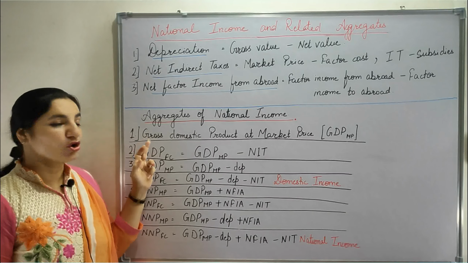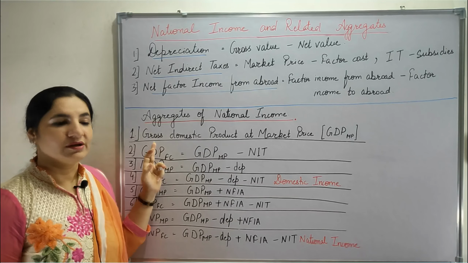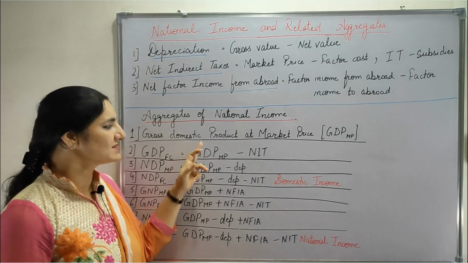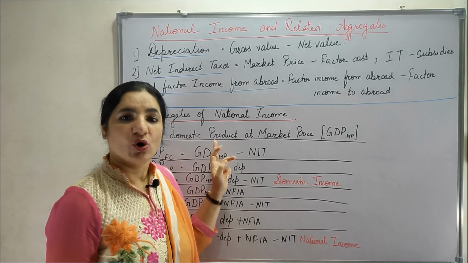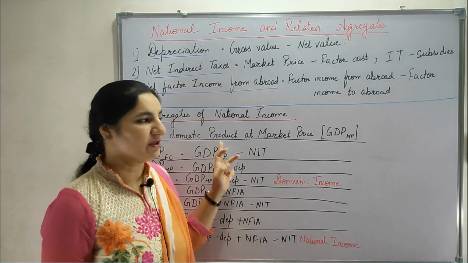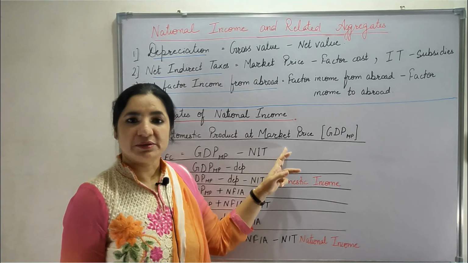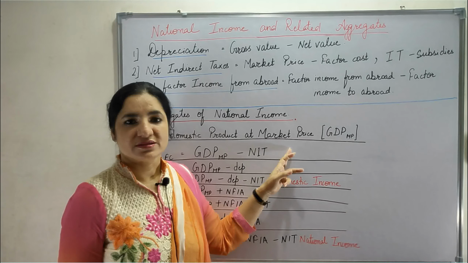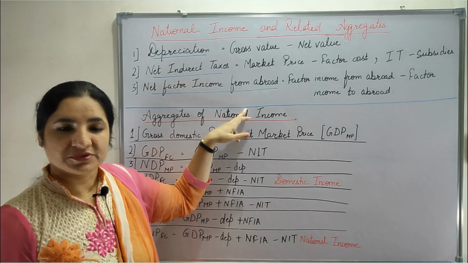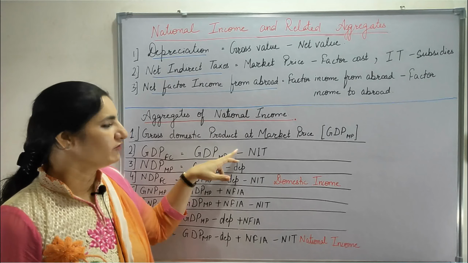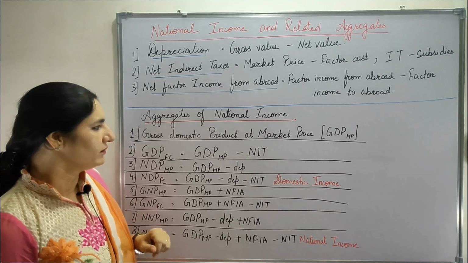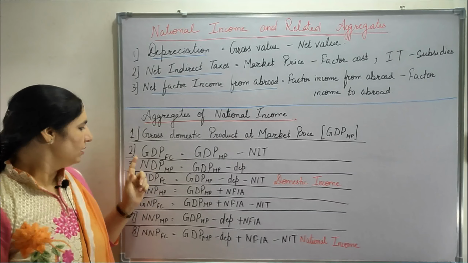I am again repeating, gross means taking it without deducting the depreciation. Domestic product includes all the goods and services produced in the country in a given year at its market price. This is called as GDP at MP. Now, using these three concepts further, we will arrive at the next 7 aggregates. Let us understand one by one.